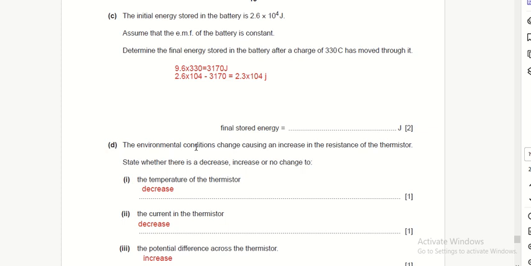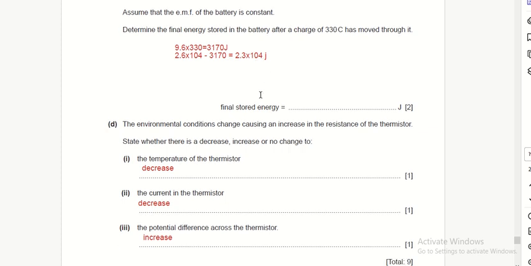This is obtained by multiplying the voltage, or the EMF, times 330, giving the energy drop. This energy drop is subtracted from the initial energy, so we get the final energy in the battery.